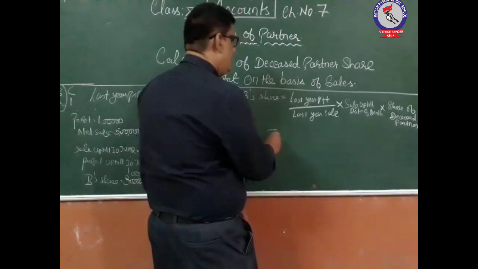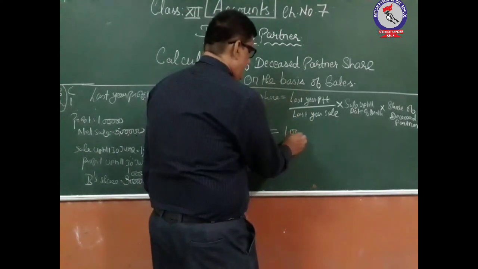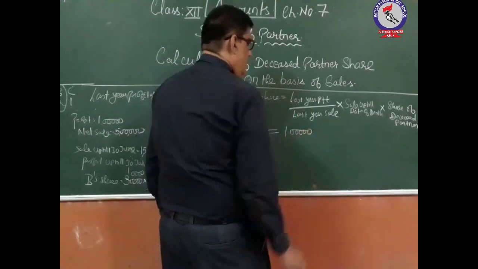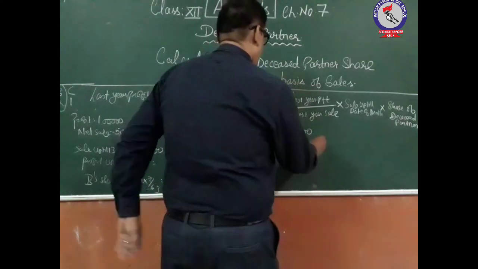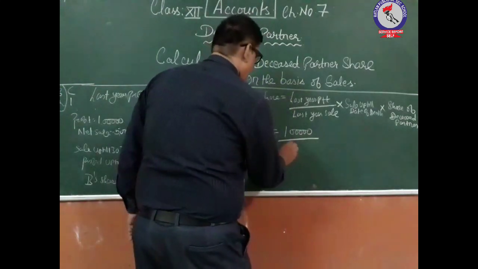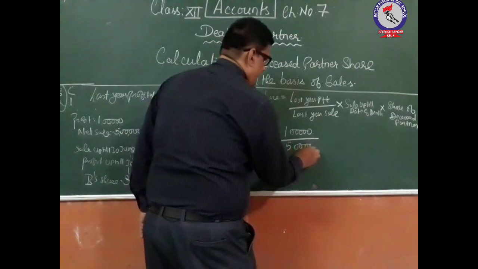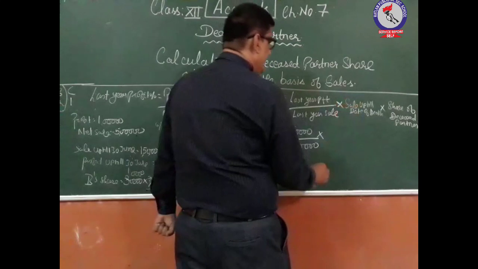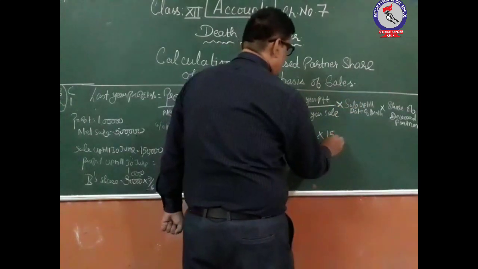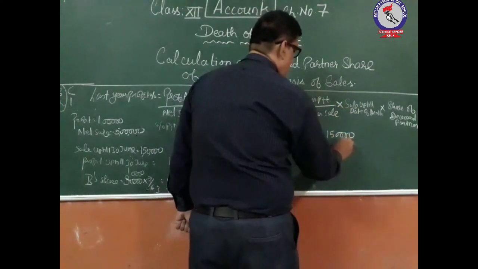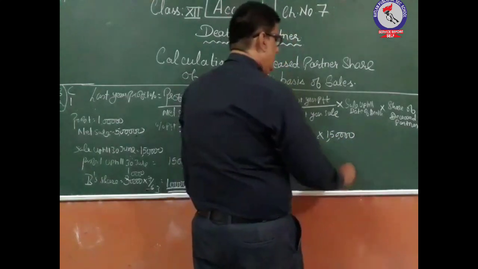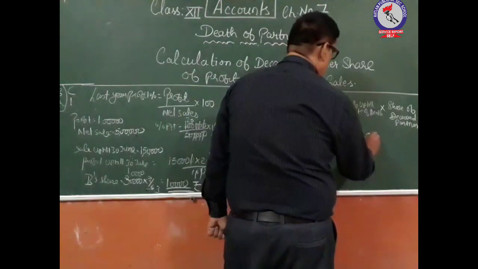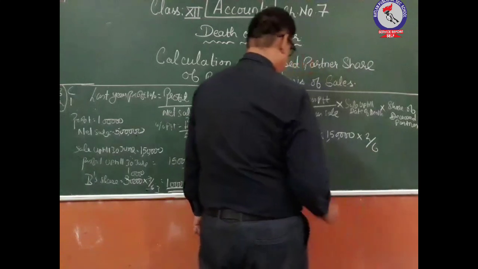So total profit of last year was 1 lakh. The sale of last year was 5 lakh. Sale up till the date of death of the partner is 1,50,000. And share of deceased partner is 2 by 6.